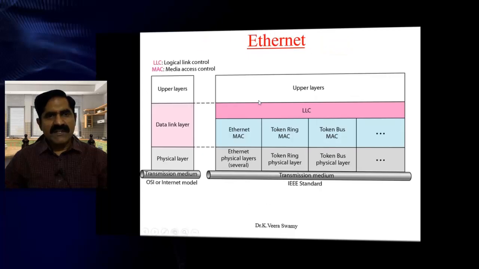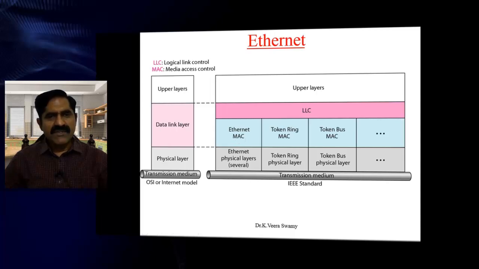Now the data link layer is classified into two sublayers. One is logical link control, the second is the medium access control sublayer. Here our concentration is Ethernet, especially related to the medium access control sublayer.